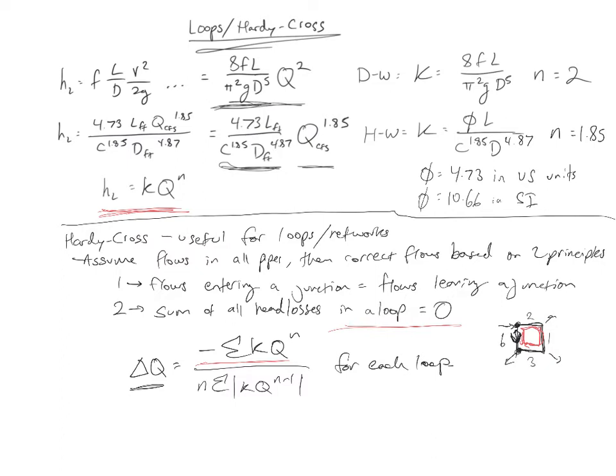When I do a new iteration, I won't see any change in the flows, and I'm done. If the sum of all the head losses in the loop is not 0, I'm not done. I'm going to get a non-zero delta Q, and I'll be able to iterate again. The denominator is just a scaling factor to help us figure out how much of a correction gets applied. So iterate until delta Q is about 0.